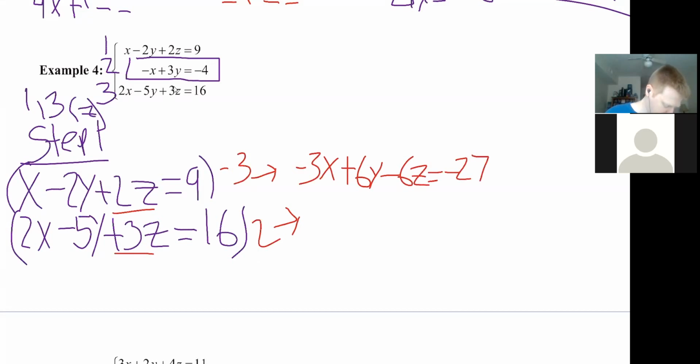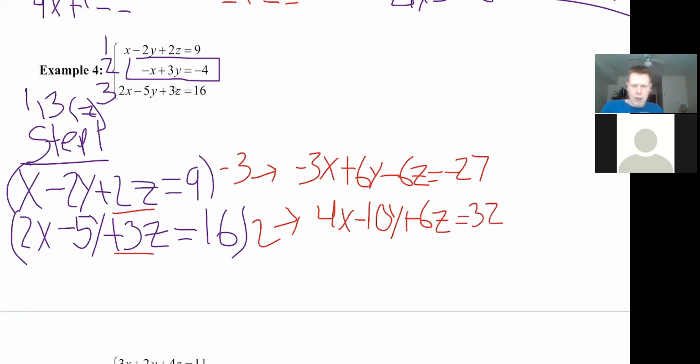My new bottom equation, since I'm multiplying by 2, would be 4x minus 10y, sorry, plus 6z equals 32. So if I do my elimination, my z's are going to cancel, which is what I wanted.